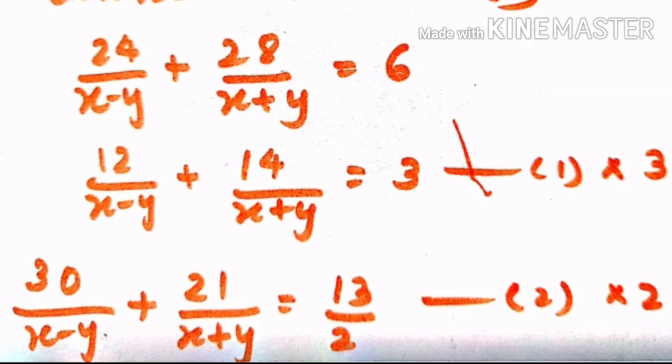Or students, in another way you can take 1 upon x minus y equal to u and 1 upon x plus y equal to v, convert these two equations into uv form, solve it in uv form, get the values of u and v and then substitute to get our x and y. This way also you can find out, but I have used the direct method. If you find it easier you can use it.